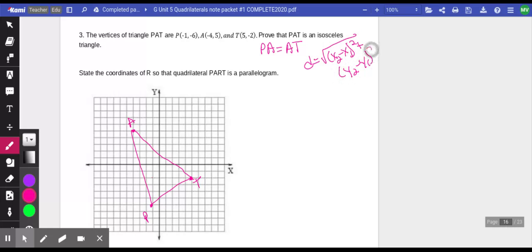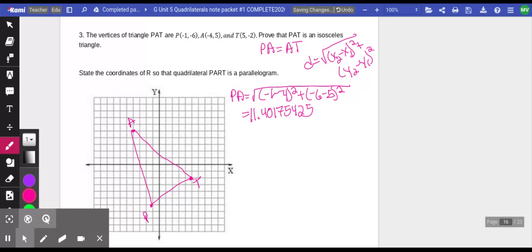So I'm going to do that for PA. So PA equals the square root of -1 minus -4 squared plus -6 minus 5 squared. I do that on my calculator. And I got PA equals 11.40175425. So now I'm going to do the same thing for AT.